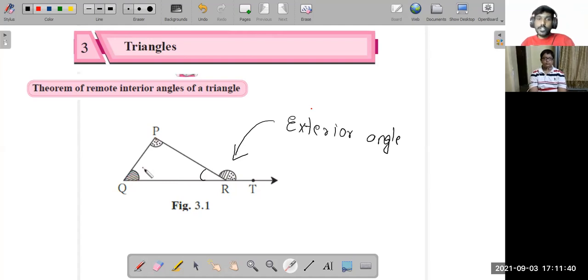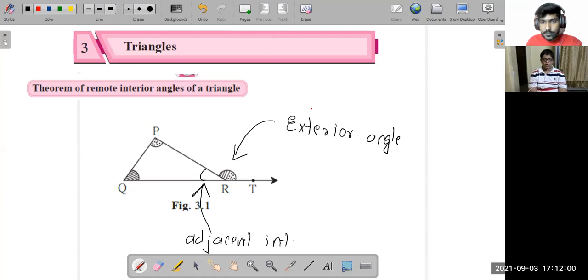Remote means far away from it. Angle R is just beside it, so angle R is called the adjacent interior angle. And these two are far away from the exterior angle, so we call them remote interior angles.